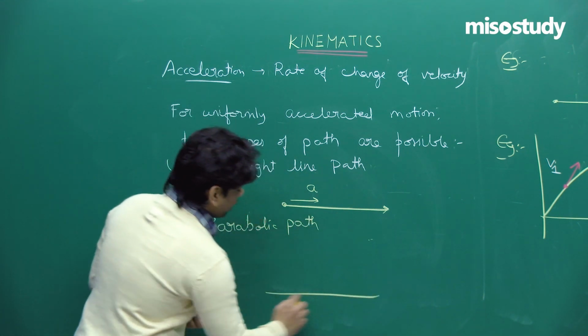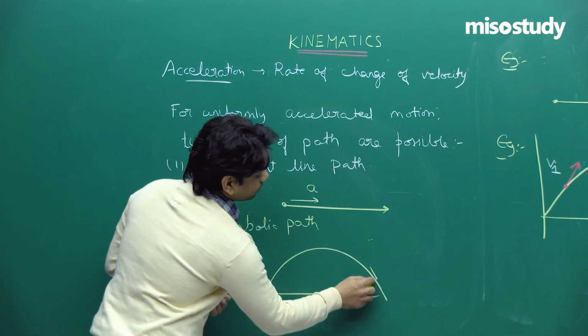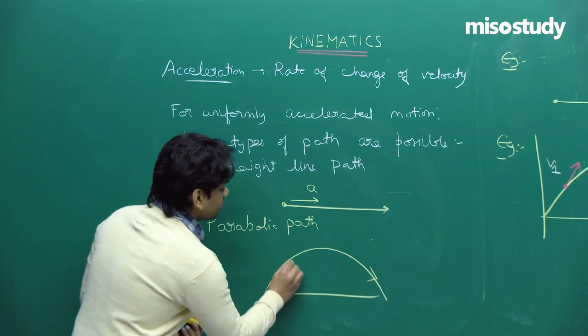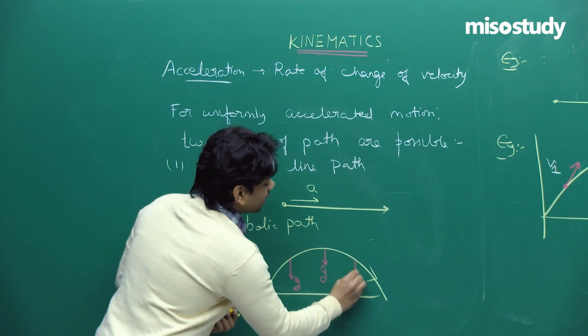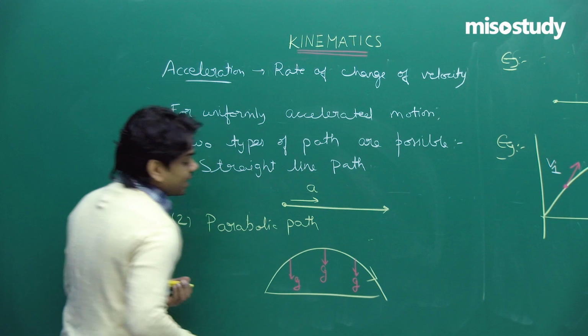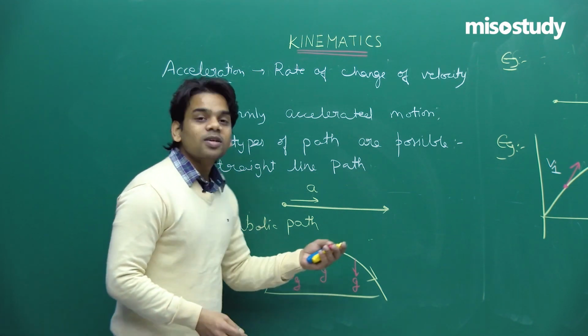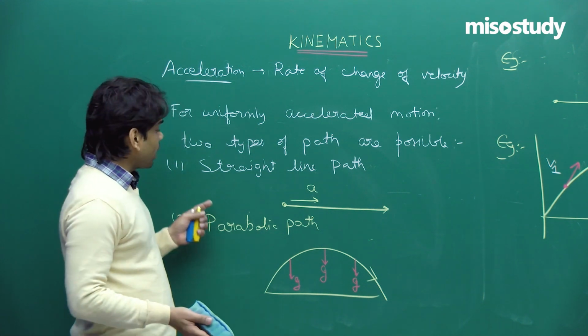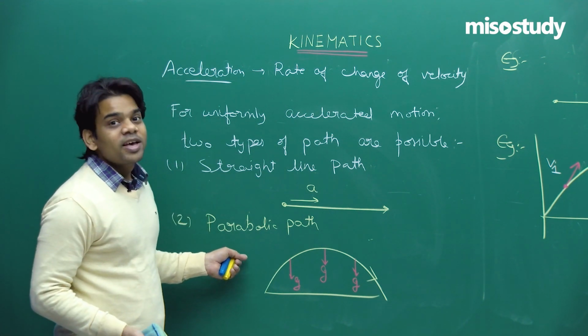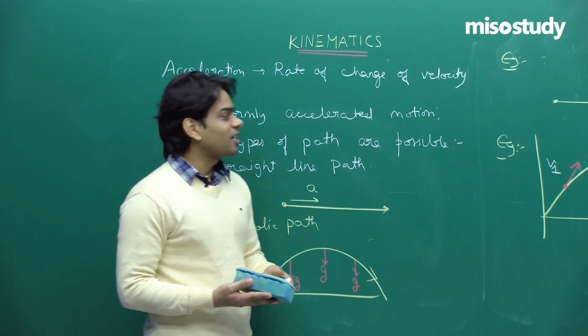If a body is moving under acceleration due to gravity, the uniform acceleration g is regularly acting on the object, yet the path of the object is parabolic. Hence, the object can move along two kinds of path, straight line path and parabolic path, whenever uniform acceleration is acting on the object.